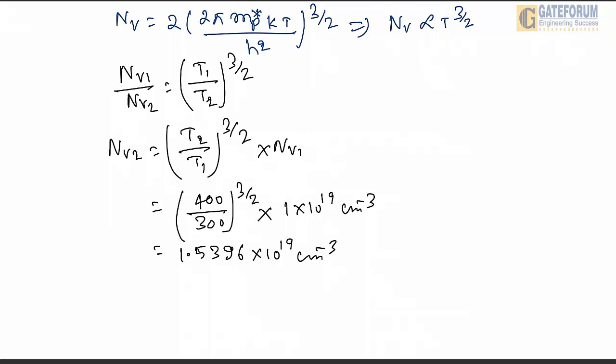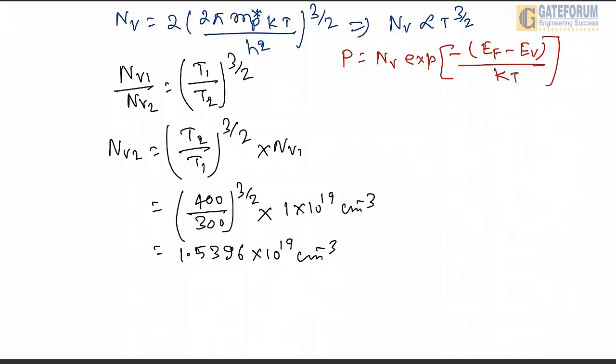P is equal to NV exponential of minus (EF minus EV) divided by KT, or here we can say KT2, because we are calculating the concentration of holes at T2 temperature, which is 400 degree Kelvin. So at 400 degree Kelvin we got the NV2 value. So we need to substitute in this equation.